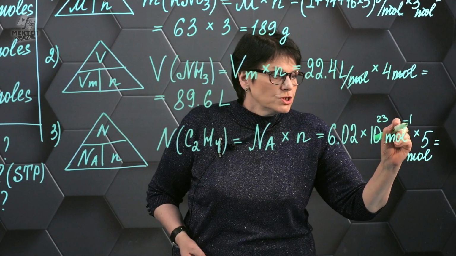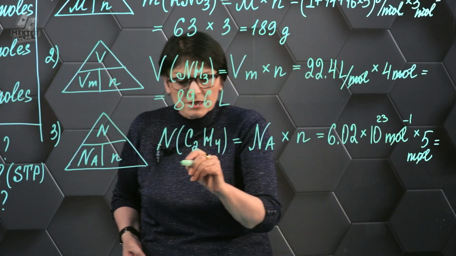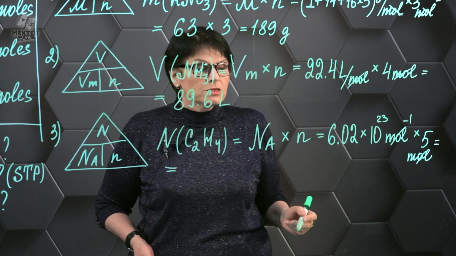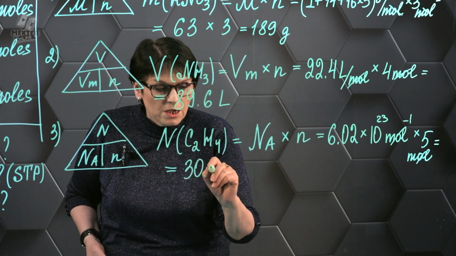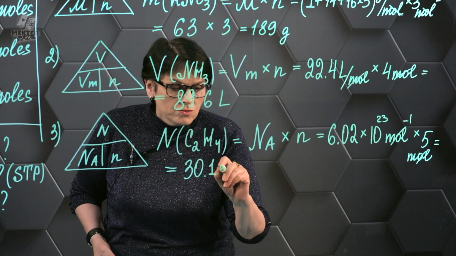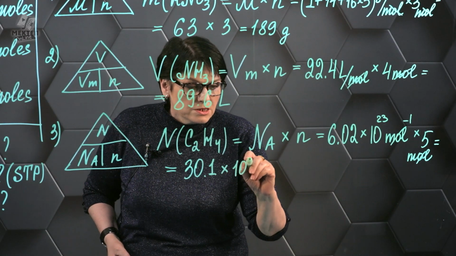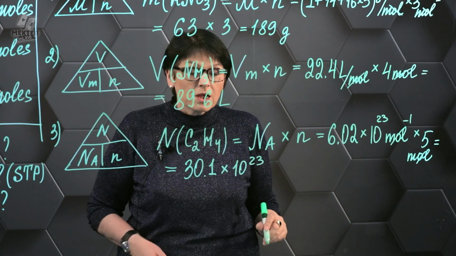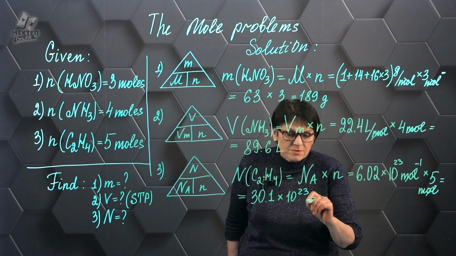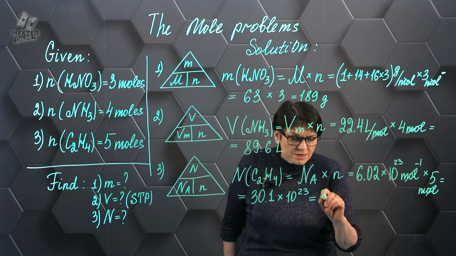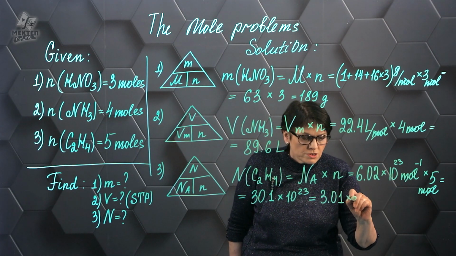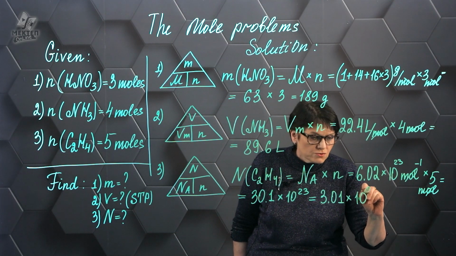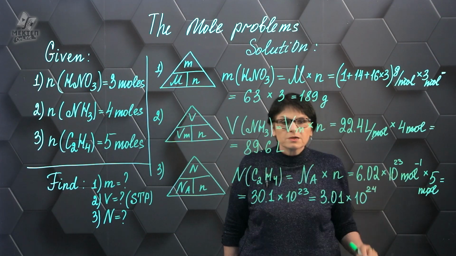So in this case, mole and mole cancel, and the number of particles will be dimensionless, and it will be 30.1 times 10 to the 23rd power. In terms of math, we could write this answer as follows: 3.01 multiplied by 10 to the 24th power. All our calculations are done.